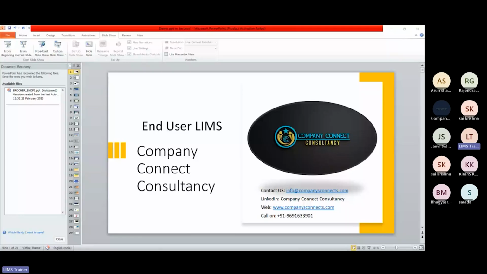The functionalities and details provided in the LIMS software are all the same, whichever software you are using. So when you learn all the details, you will be able to handle any of the software after completion of this course. So let's move ahead.